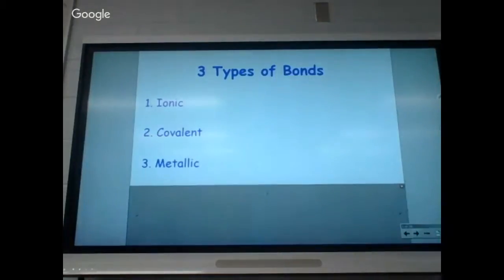And the one that most students have not talked about when they come to me is metallic. So ionic, covalent, and metallic are the 3 that we're going to talk about. Ionic and covalent are the 2 that go with the activity we're going to do today. Metallic is pretty easy, although it creates the most issues. I don't know why. It just does.